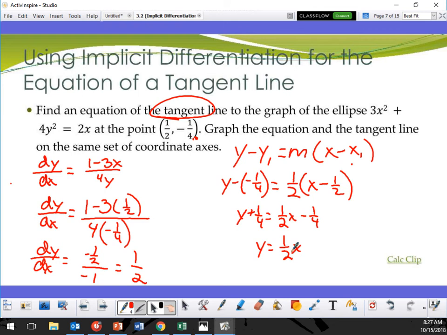If I'm subtracting 1/4 from both sides, this would be a negative 2/4, wouldn't it? Yeah, which is negative half. Very good. Negative 1/2. So this right here is the equation of the tangent line to that equation.